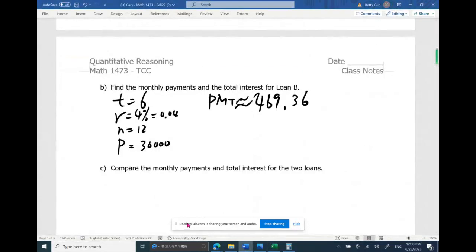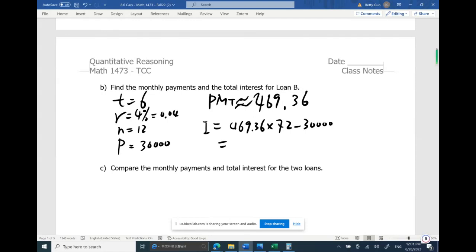Exactly the same. Very convenient, it only took a few seconds if you grasp the method. And what's the interest? The cost of the loan is your monthly payment multiplied by 72 and then minus the money you owe.